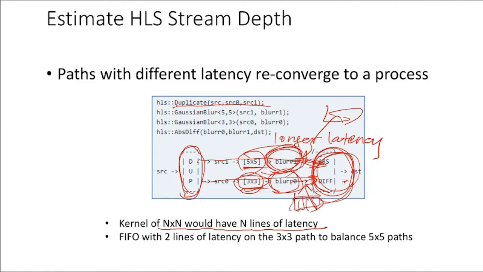If you don't allocate at least 2 lines of buffer, you will see this thing overflow and data get lost. So this is a very simple example to tell you that in dataflow design, the FIFO is the key design aspect.